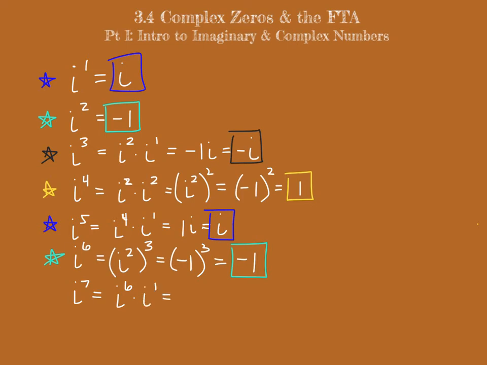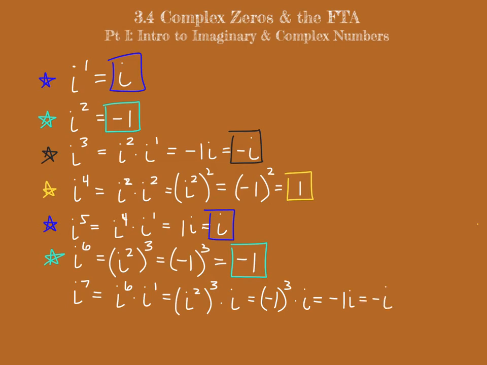But let's say we didn't know what i to the sixth was, we could rewrite i to the sixth as i squared, cubed, times i. And we know that i squared is -1. And then we cube it times i, meaning -1 cubed is -1, times i, which is -i.